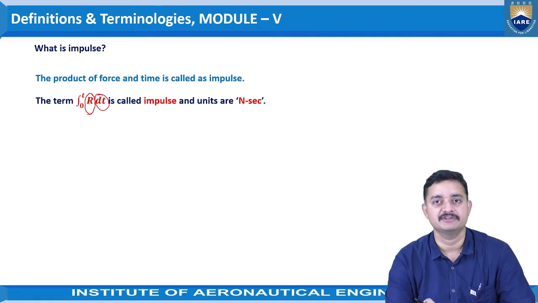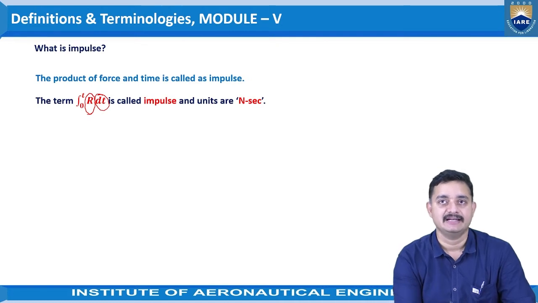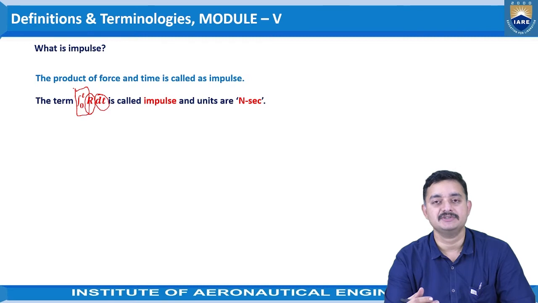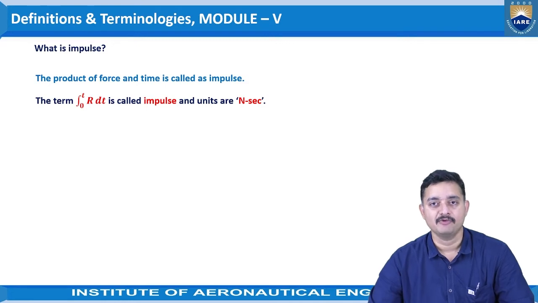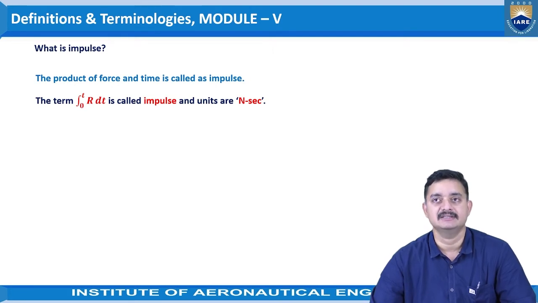The integration is from the starting position to the end position, that is time from 0 to t. So, integral 0 to t R dt would be the impulse. Force into time, the units would be Newton for the force and seconds for the time. So, the units for the impulse are Newton second.